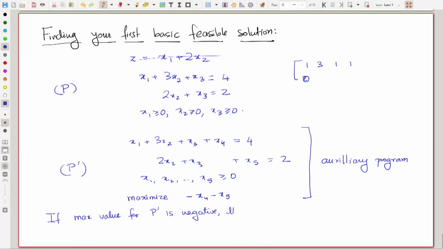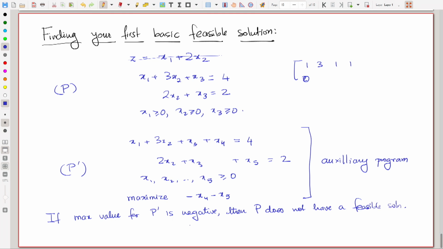So, if the maximum value of the objective function for P prime is negative, then P does not have a feasible solution.